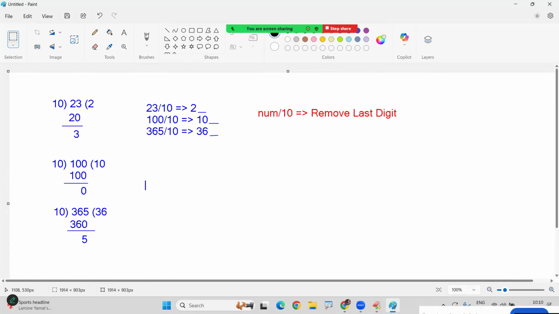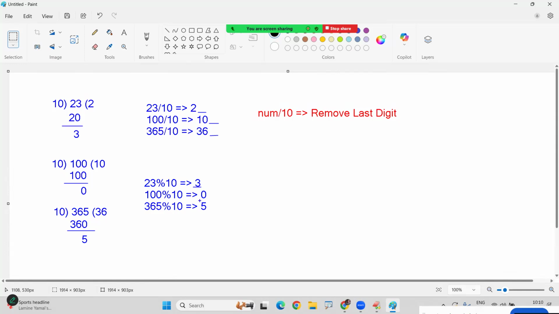In the same way, 23 mod operation with 10, remainders. Look at the remainder, 3. 100 mod operation with 10, 0. 365 mod operation with 10 is 5. Look at this. In 23, last digit is 3.